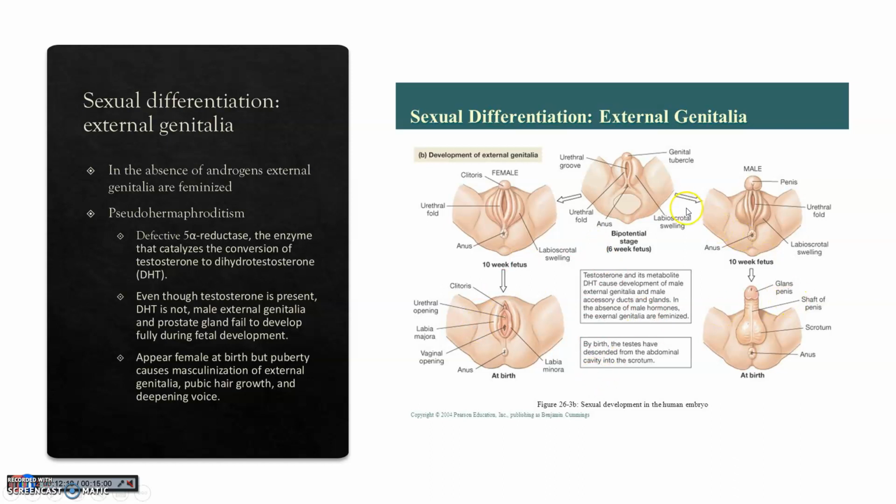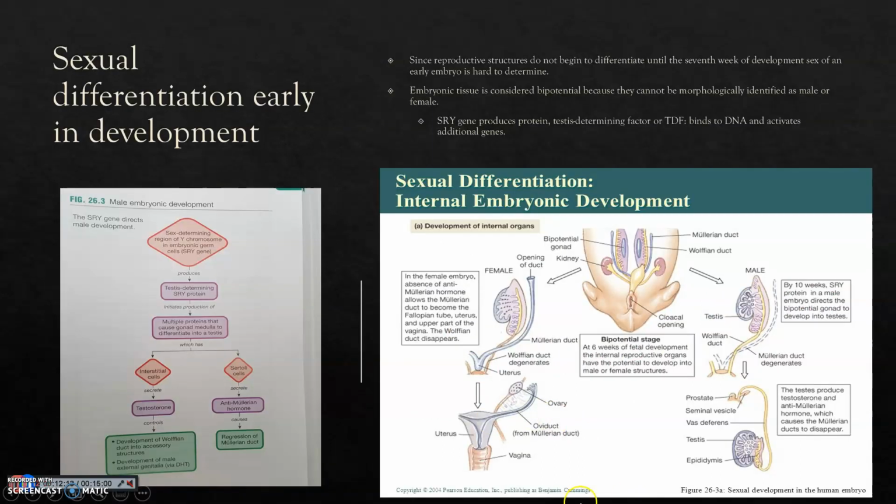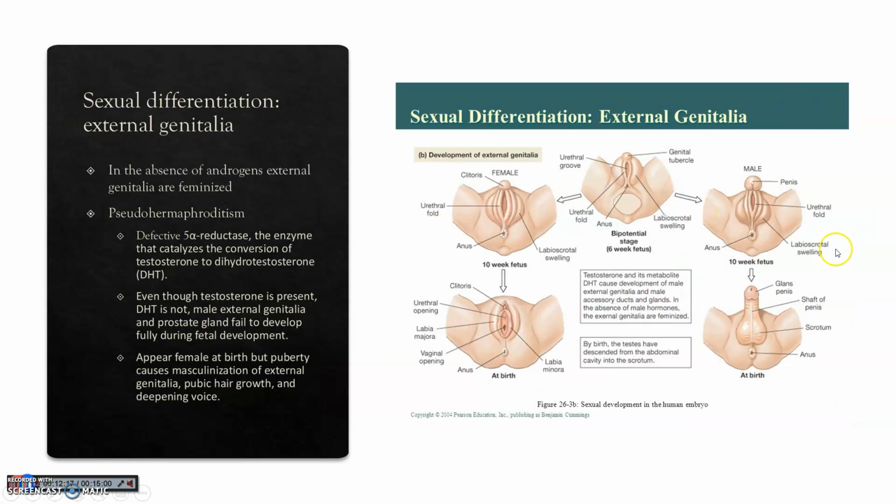So here again, if we go back to this chart, this plays a role in the same process of the external genitalia almost at the same time. So at 6 weeks, we have bipotential, and then in the presence of testosterone and its metabolite, DHT, the male external genitalia begin to form.